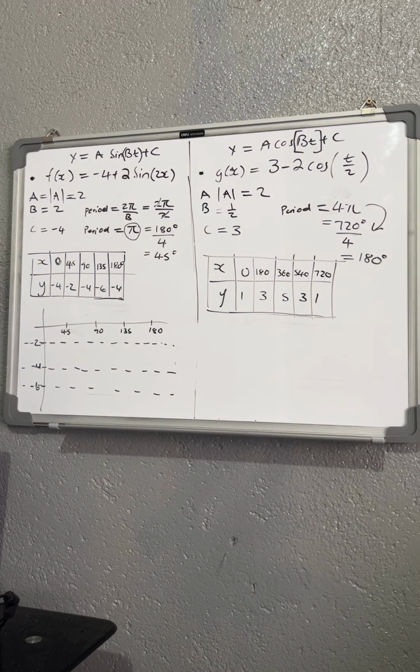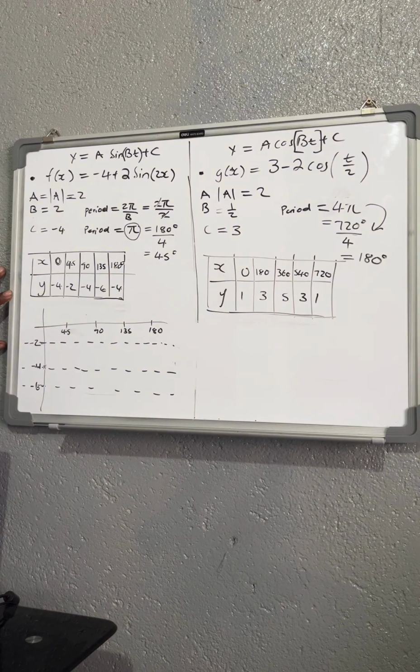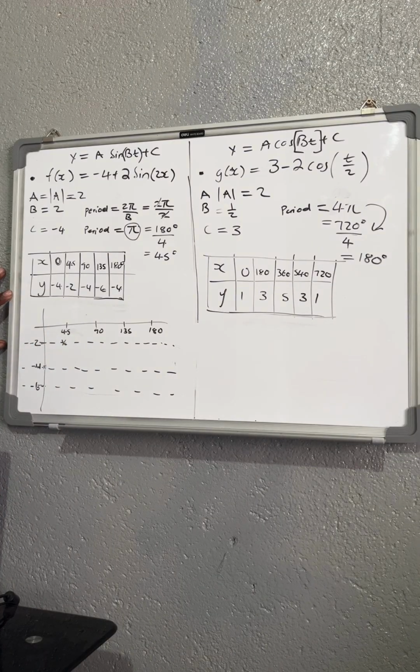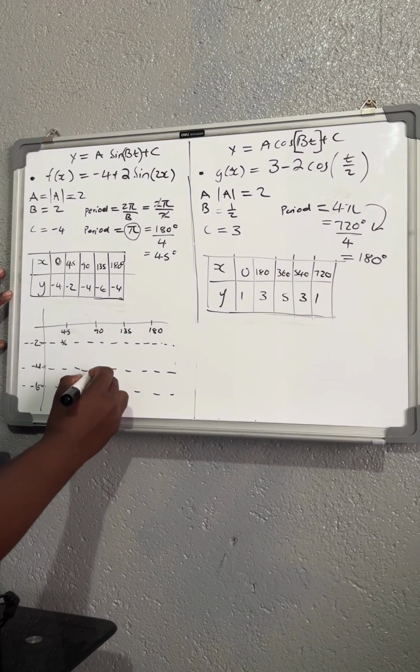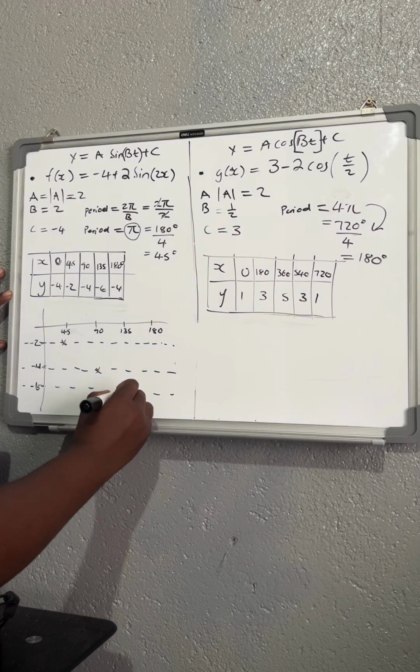Then now we go back and check. When we are having a 0, we are going to have a y value of -4. So the first point is here. Then when we are having 45, we're getting -2. The second is here. The 90, it comes back. Then the 135, it goes here.